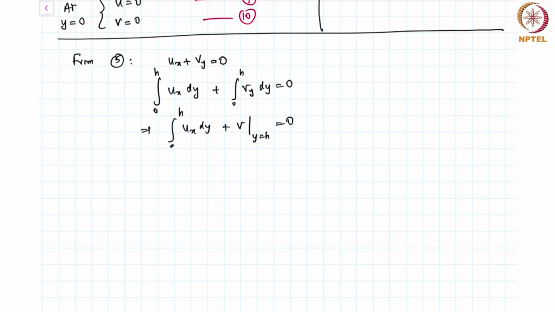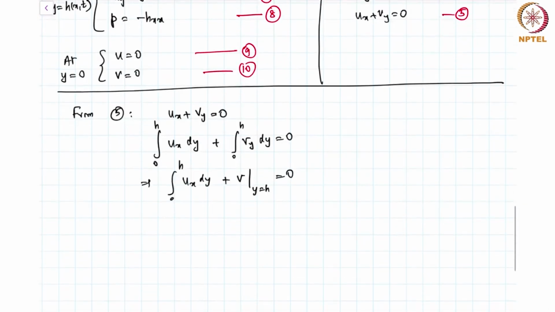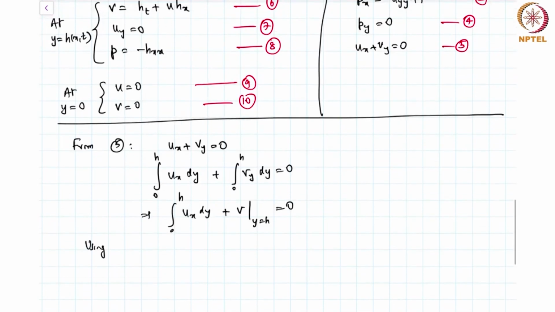And therefore I can now substitute the expression for v from the kinematic condition, using v at y equal to h from equation 6.